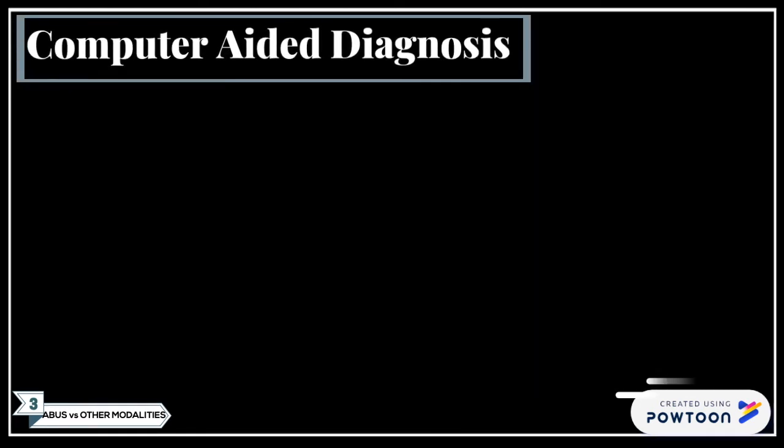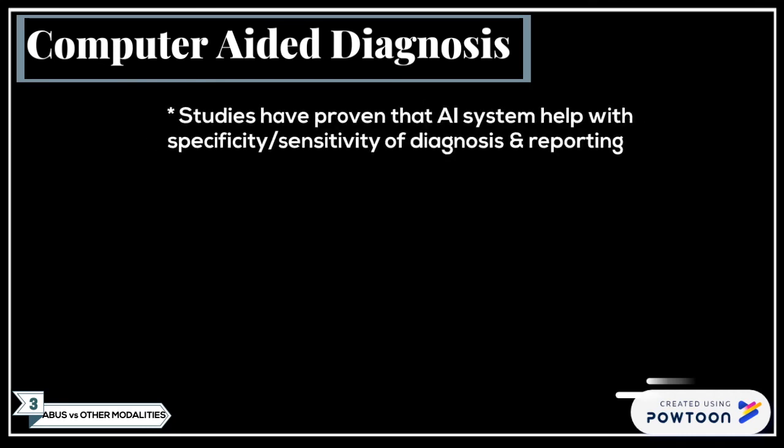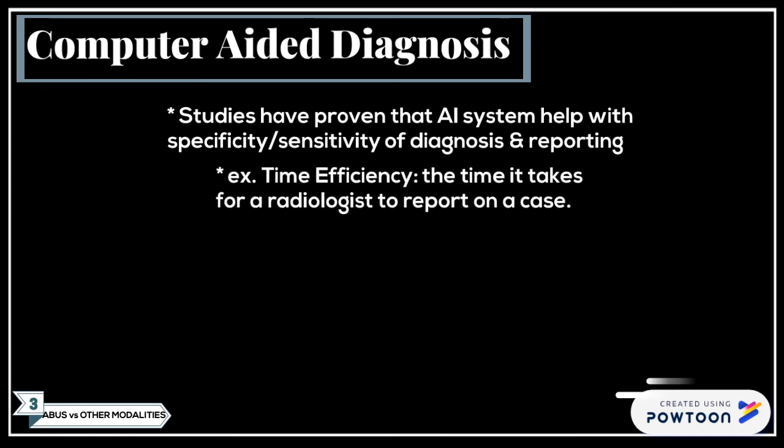How does computer-aided diagnosis improve patient care? Multiple studies have shown that computer-aided diagnosis would help with specificity and sensitivity in terms of diagnosis and reporting. For example, time efficiency, the time it takes for a radiologist to report on every case.